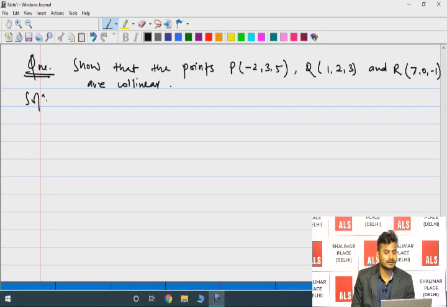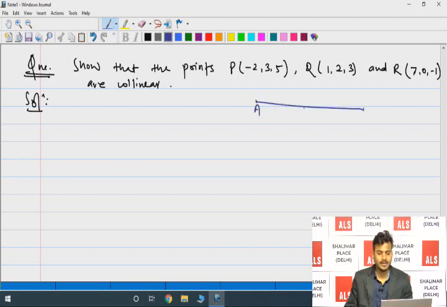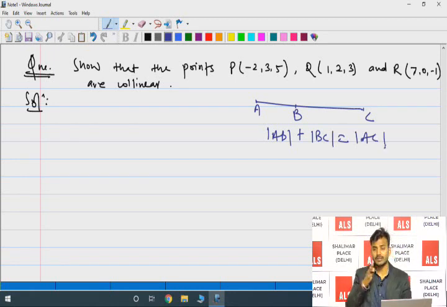How would you find this? If 3 points are collinear, suppose you have this case with A, B and C, my dear student, I can write mod of AB plus mod of BC equals mod of AC. If these 3 points are collinear, the summation of the two distances would be the total distance.